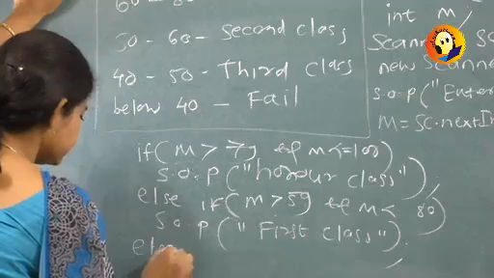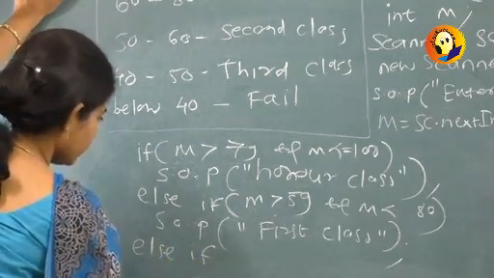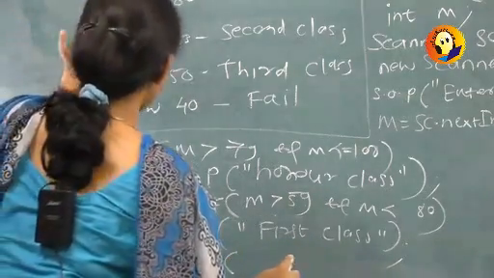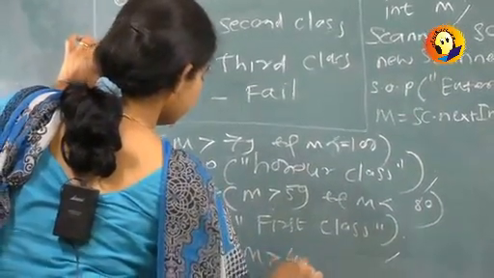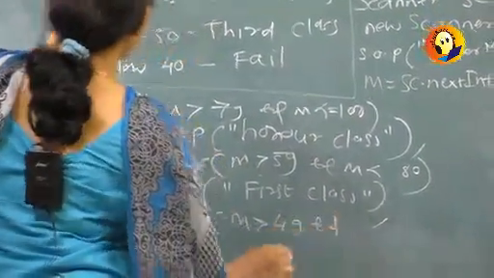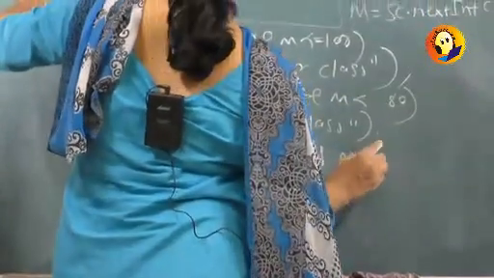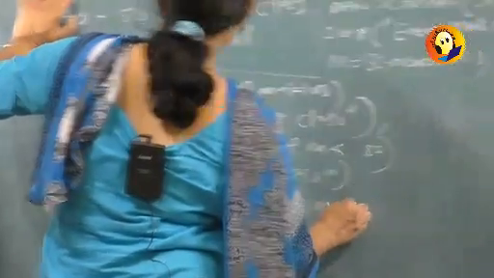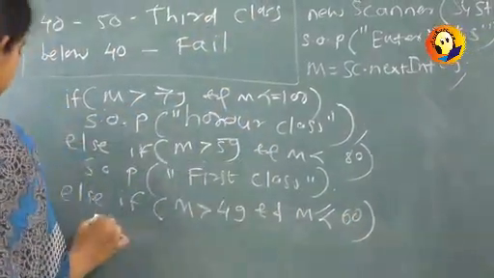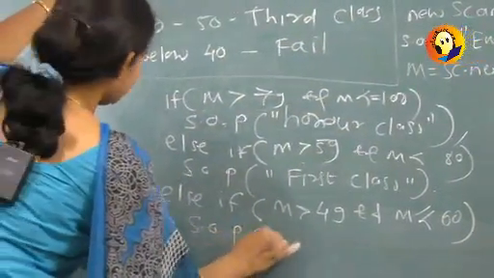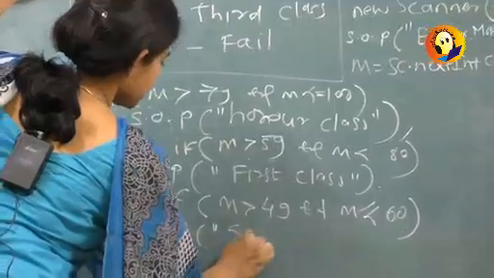Else if, now the case is for second class, m is greater than 49 and m is less than 60, then System.out.println it is second class.